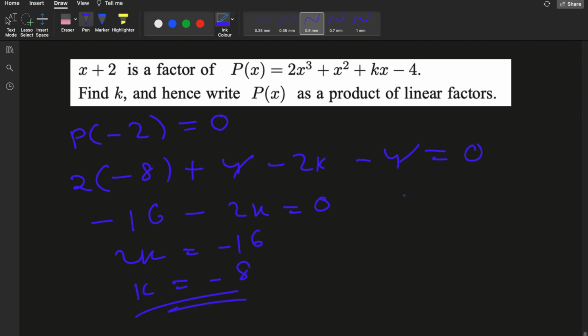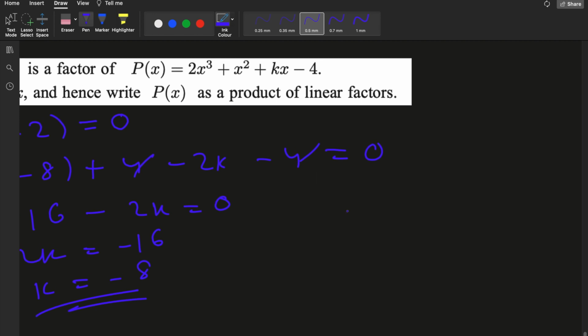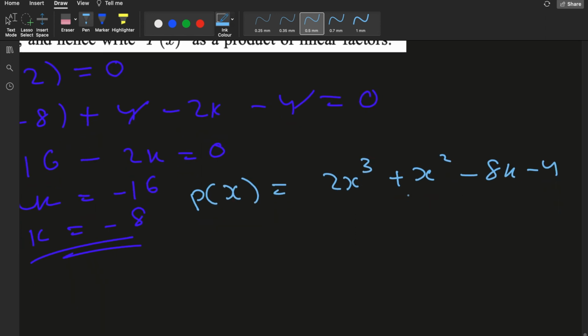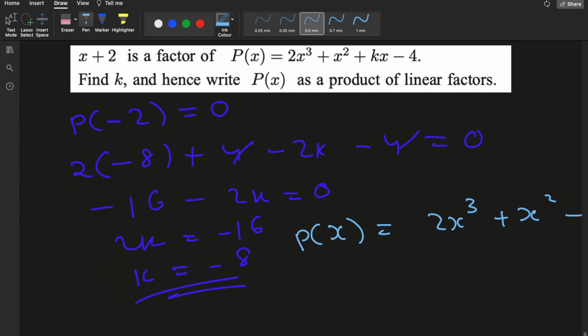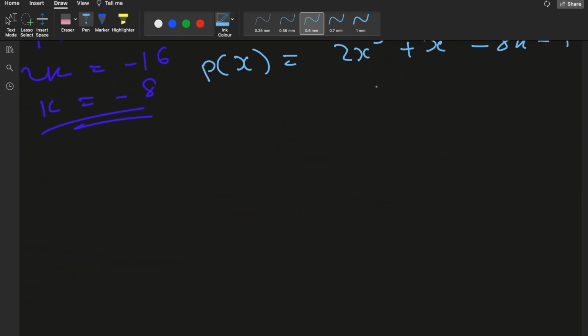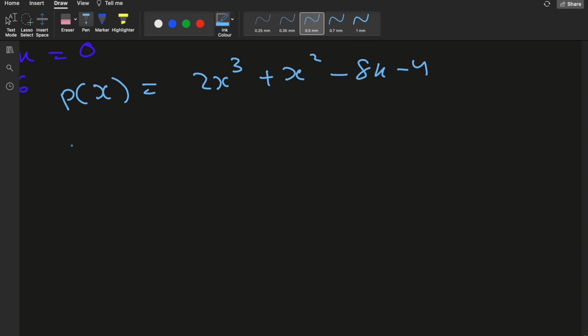And now p of x equals 2x cubed plus x squared minus 8x minus 4. Now let's do the long division to write this as a product of linear factors. So let's divide this by x plus 2.